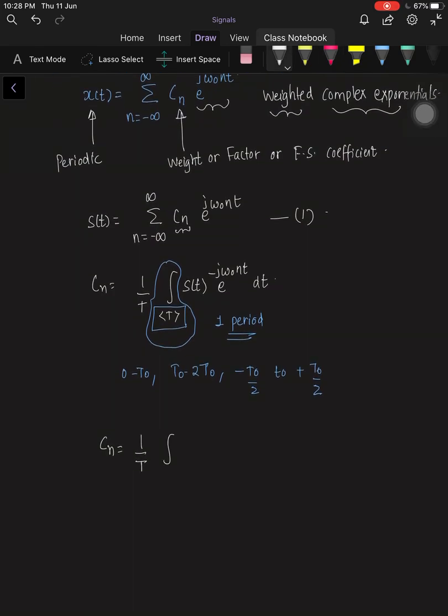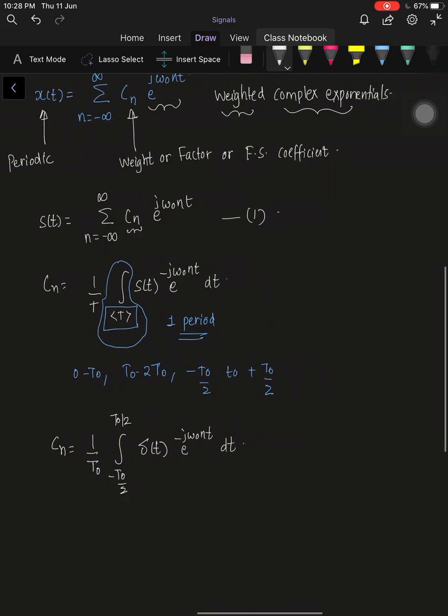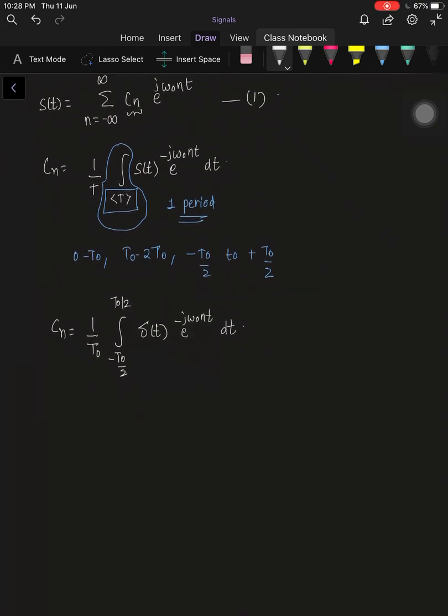So my integral changes to minus t naught by 2 to plus t naught by 2, and S of t is now delta of t dt, because we know the definition of delta of t. And there is one more important property in this. This is called the integral property of impulses.